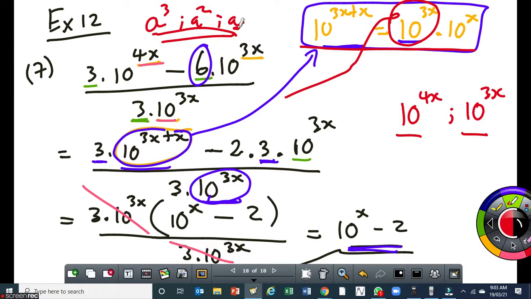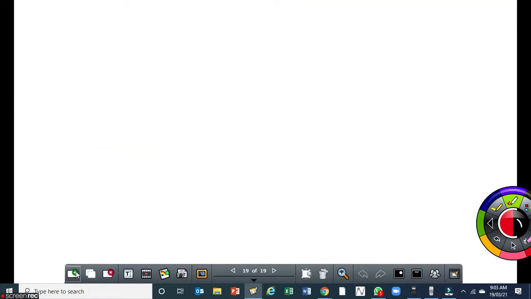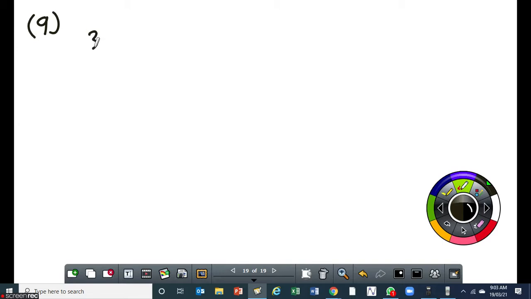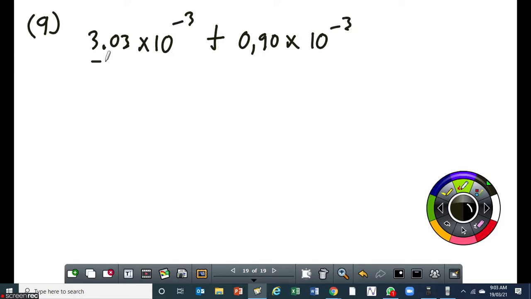All right, let me move on to the next one, question 9. We have 3.03 times 10 to the power of negative 3 plus 0.90 times 10 to the power of minus 3, all over 3 times 10 to the power of minus 4.